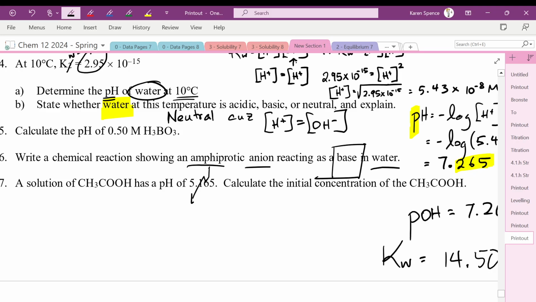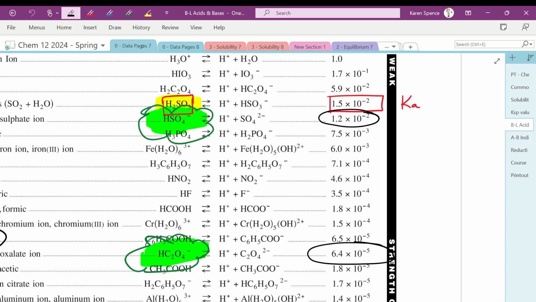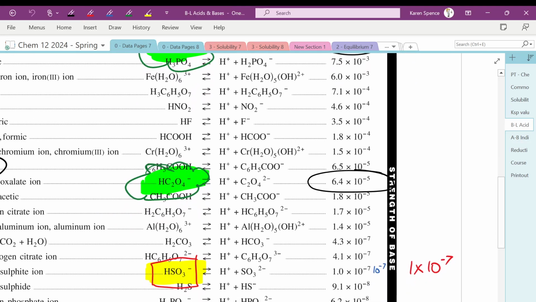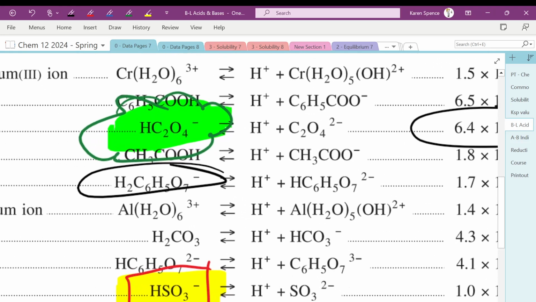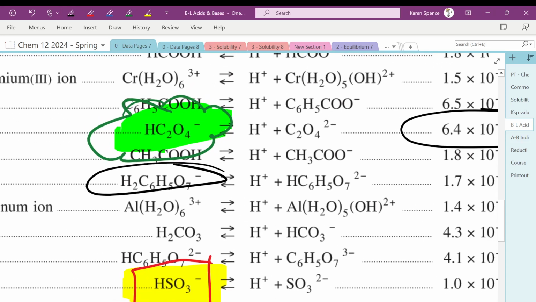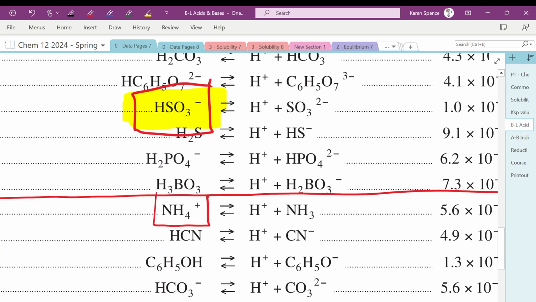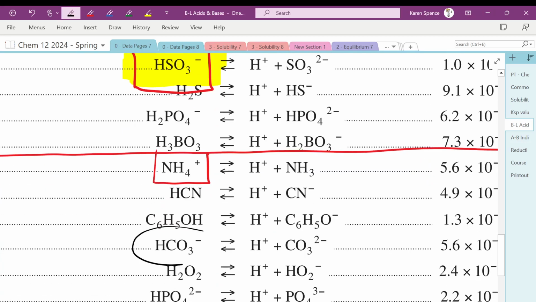Amphiprotic means that it needs an H and it needs a negative charge. So let's pick one. You could pick this one, but it's really big and long, so I probably would not choose that one. I'd pick something smaller, like HCO3 minus.